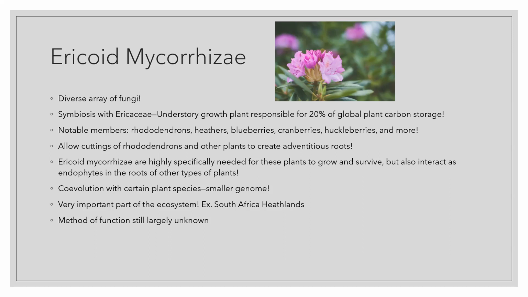So they have an intraradical stage, which is when they're living inside the plant root and developing. A lot of mycorrhizae then have a periradical stage where they create their own layer of material around the root. Ericoid mycorrhizae don't do that.